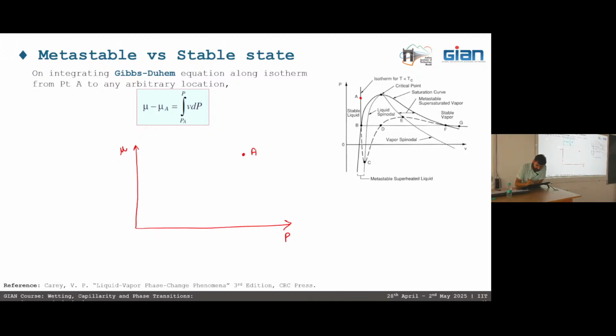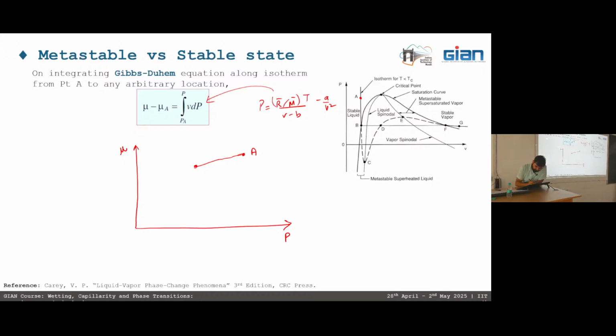So using the van der Waals equation, P is equal to RT over V minus B, minus A by V squared, and putting this in terms of V in this equation, we can see that as the pressure is decreasing as you move from point A, your mu would also decrease, right?